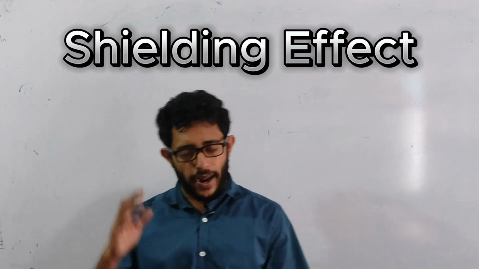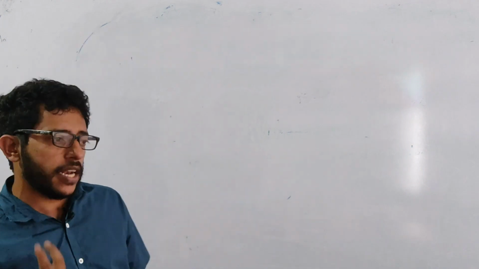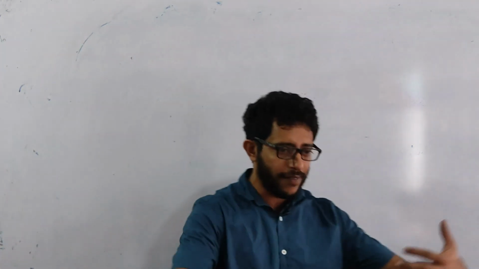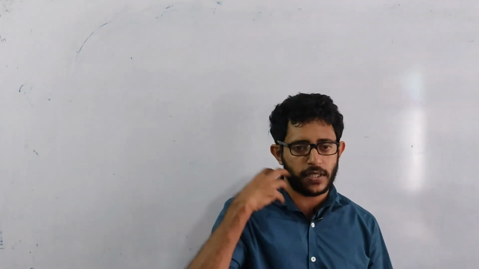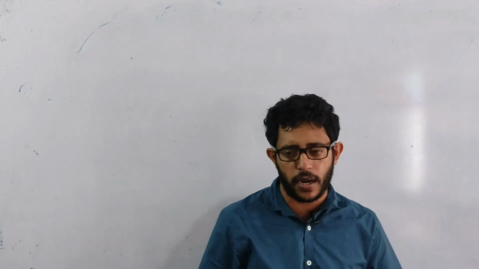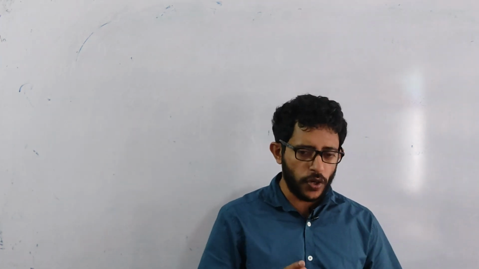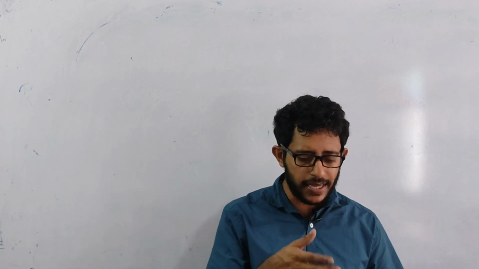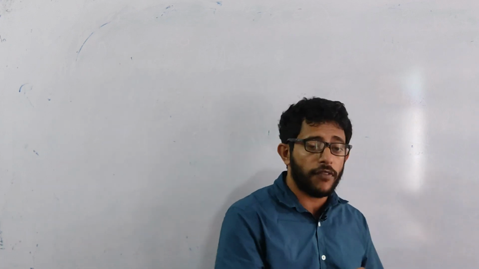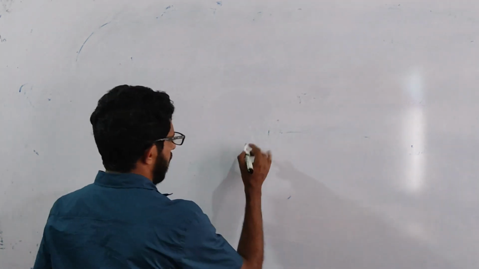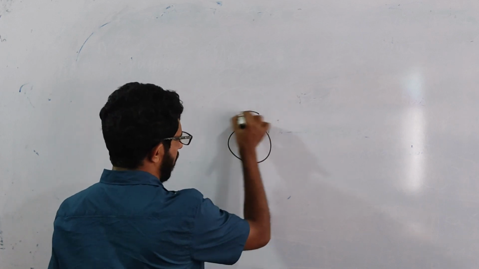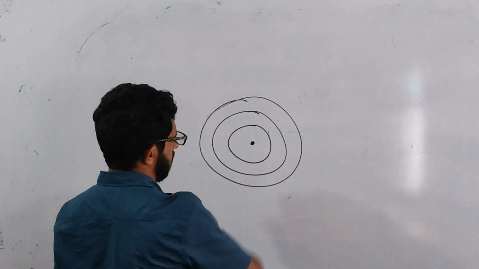The second one is shielding effect. At once we get the idea that shielding effect is something really good. It covers or it protects. That's the first impression that we normally get in our mind. But actually what the shielding effect means in unit 1 is, the nucleus is there, and around the nucleus we have main energy levels.